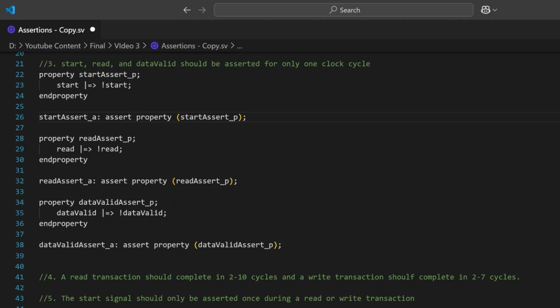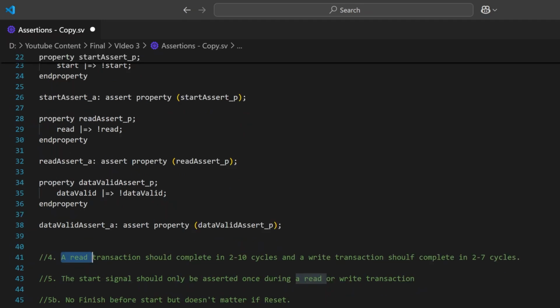So here we can see it says that a read transaction should complete in 2 to 10 cycles and a write transaction should complete in 2 to 7 cycles. So the complete transaction begins with the start asserted, followed by a read signal asserted or deasserted, which depends on whether it is a read operation or a write one. And it is then followed by the finish signal, which indicates that the transaction is complete.